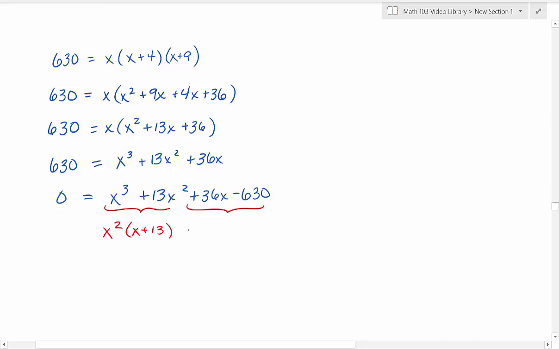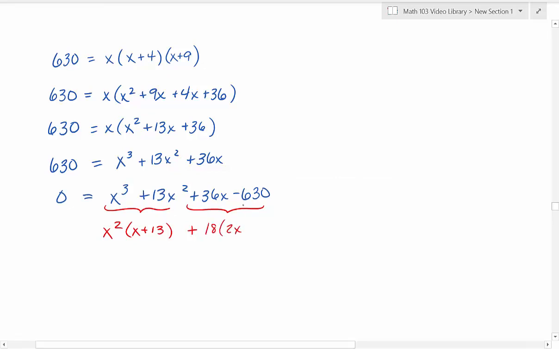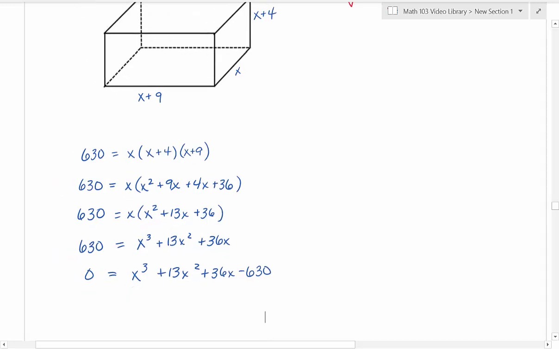But unfortunately, the common factor in my second 2 terms is 18. And when I factor out an 18, I do not get a common binomial factor. So grouping's not going to work, but I always try it because it's certainly easier than checking a bunch of zeros. Since it didn't work, well, we got to check a bunch of different zeros to find actual zeros to give us some factors.